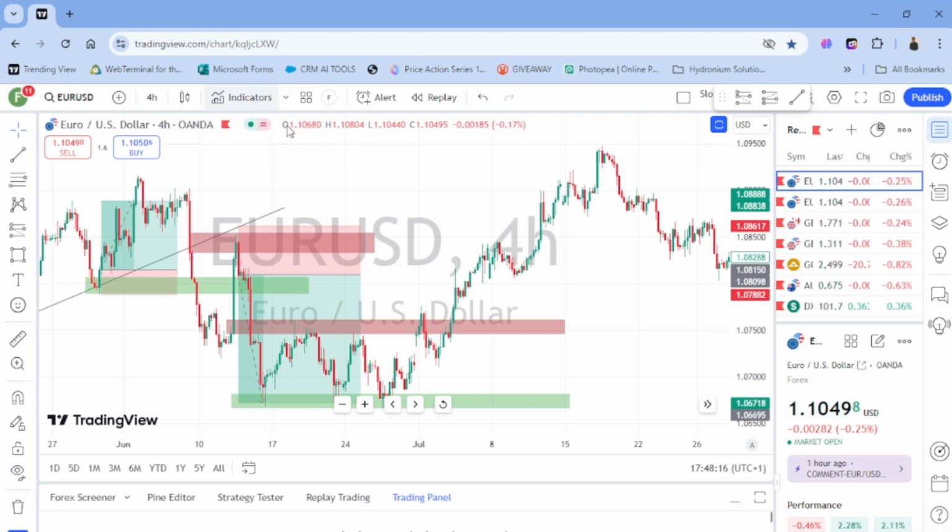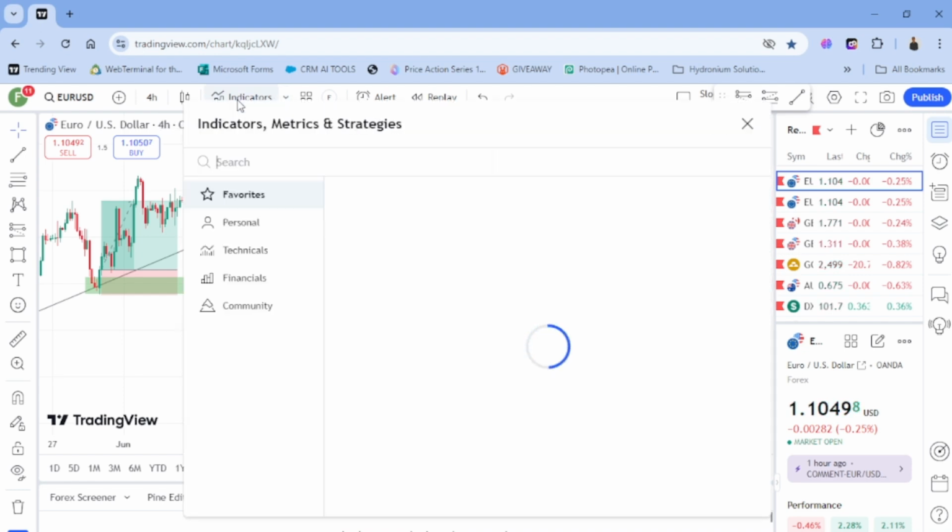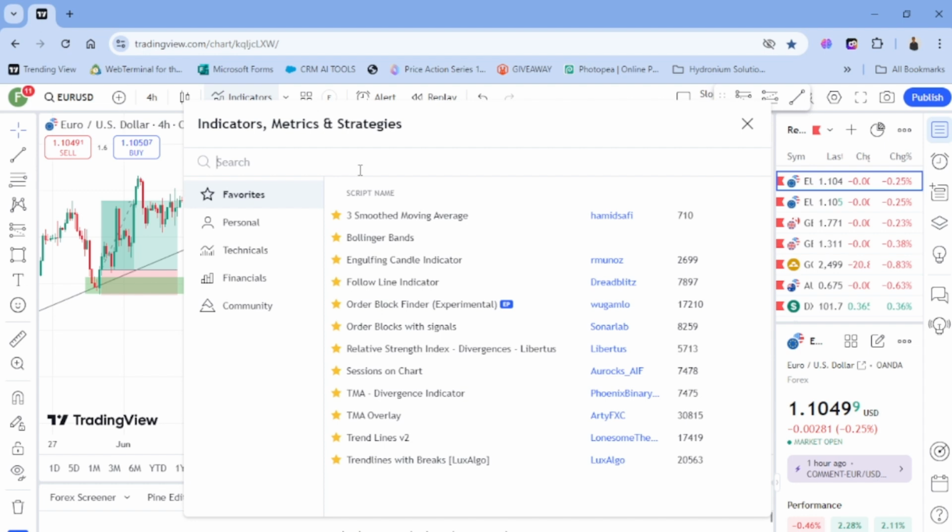Let's put in the moving average. EMA, exponential moving average.